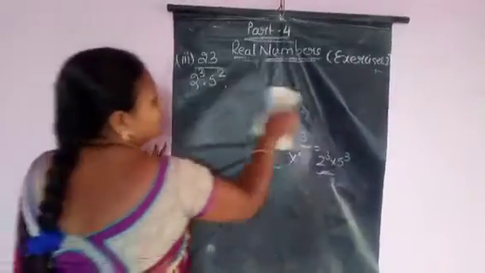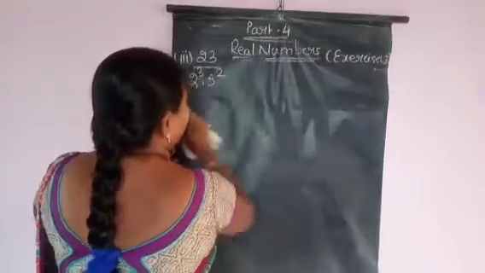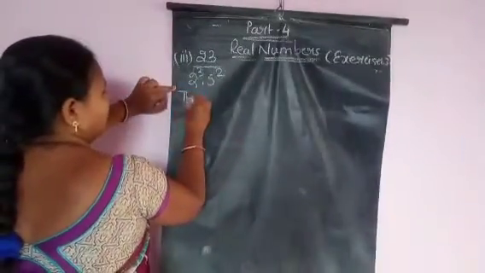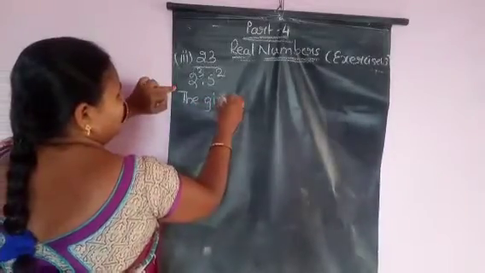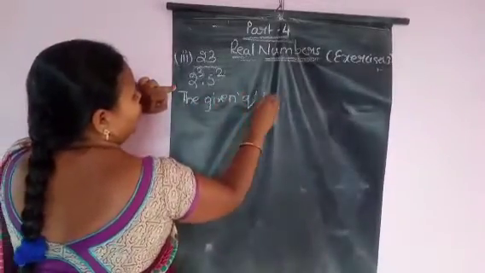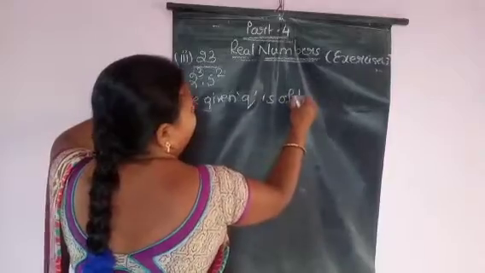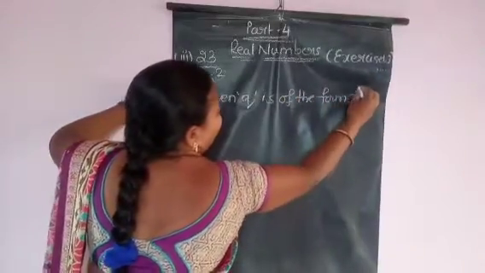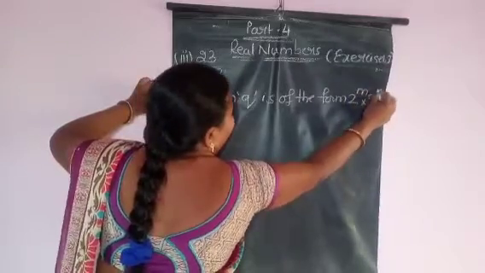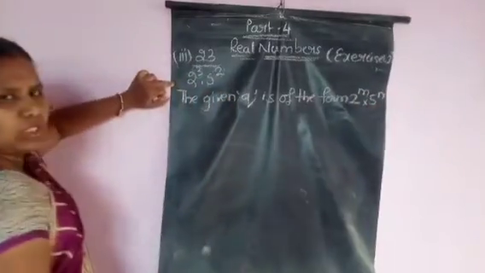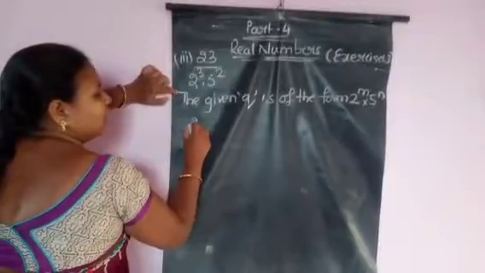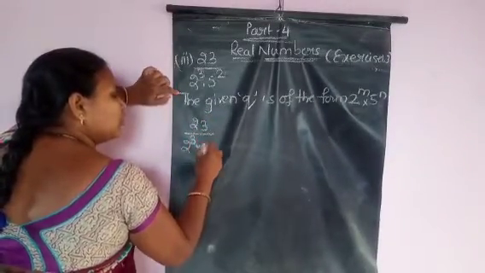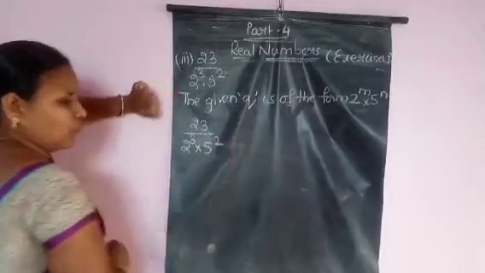So write the given q is of the form 2 to the power of m into 5 to the power of n. So write 23 by 2 cube into 5 to the power of 2.